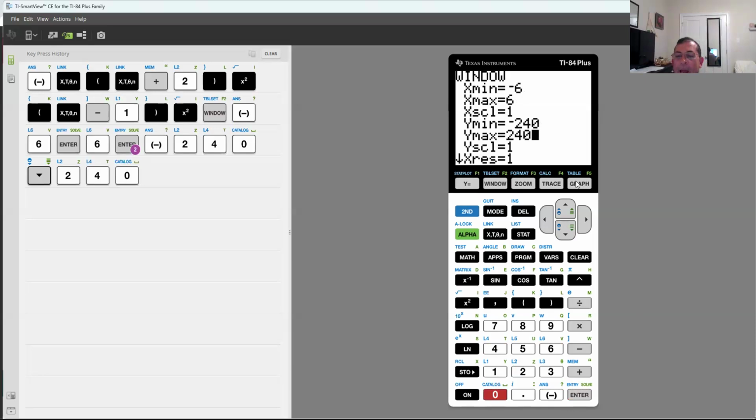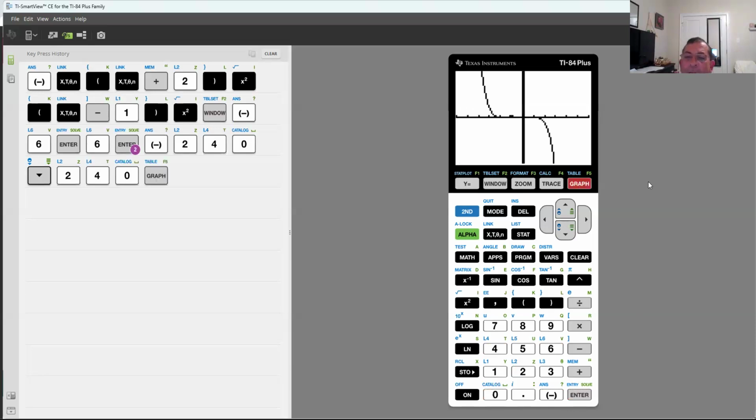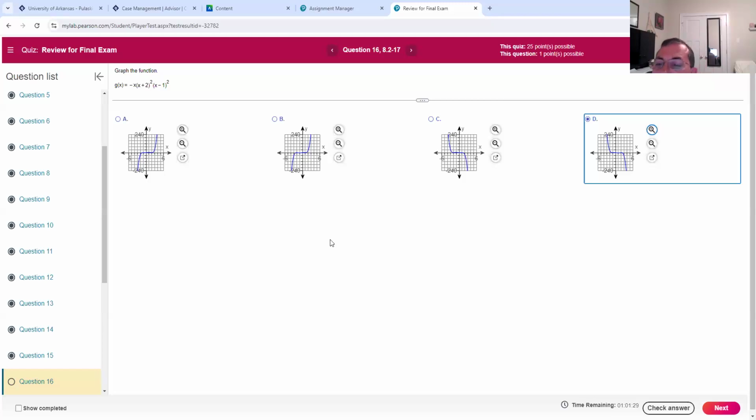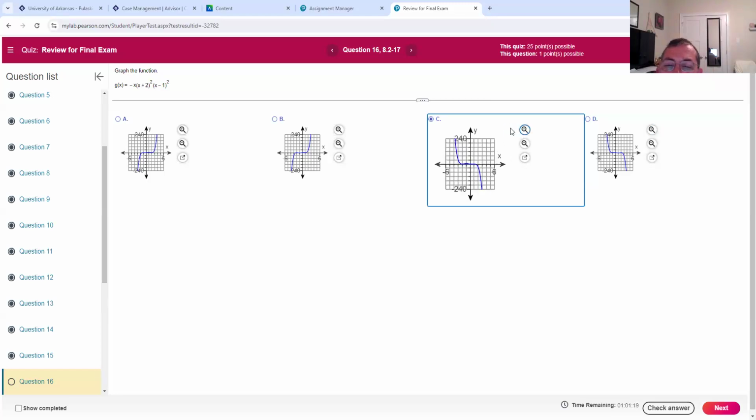All right, y'all, so I'm going to hit graph now. So I should get one of them 4 pictures. So look, my graph comes down, and then it heads down that right side. So let's look. Y'all, so let me zoom these two in. It's hard to tell on mine.